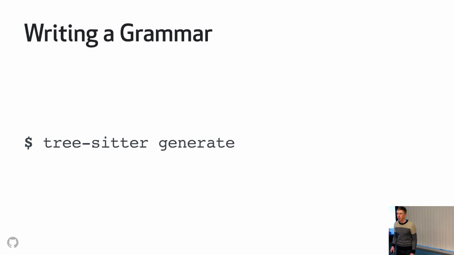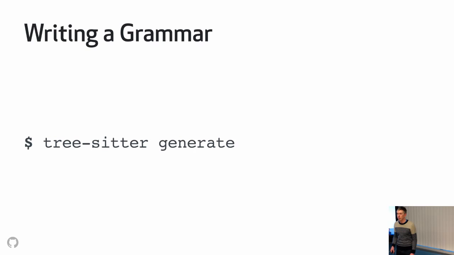Well, I guess we already kind of talked about this, but the thing that gets generated by this process is this one C file that has two parts to it, the lexer function and the parse table. I'll just gloss over that. When you want to use the parser, there's a simple C library called the Tree-sitter runtime that you use to actually run these parsers.